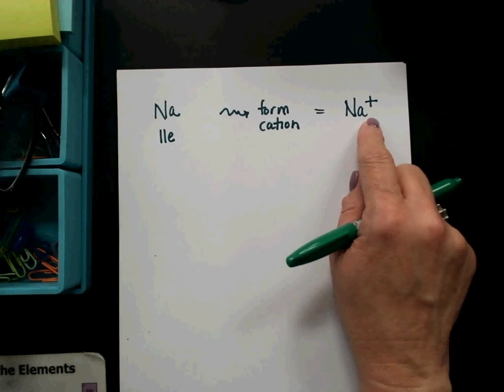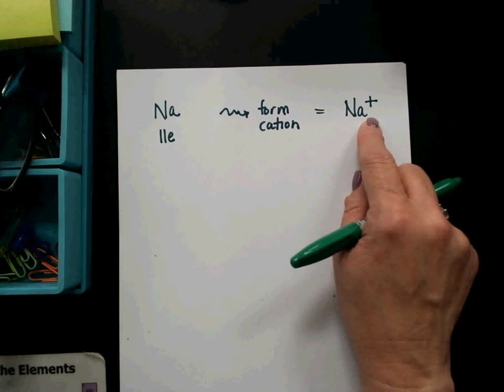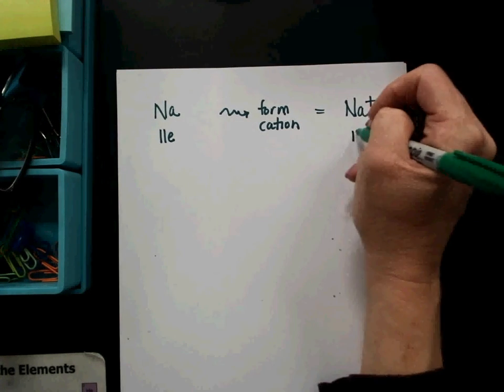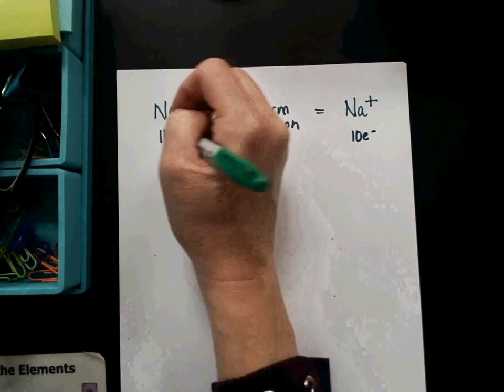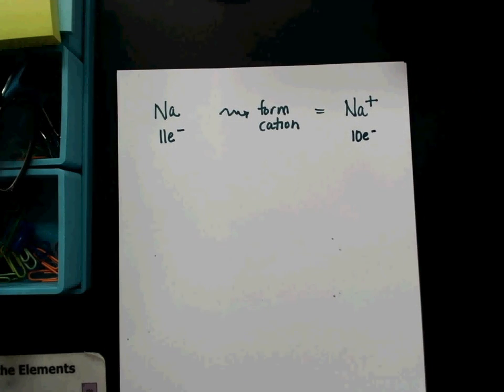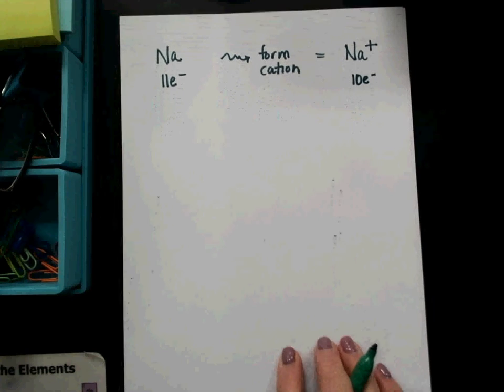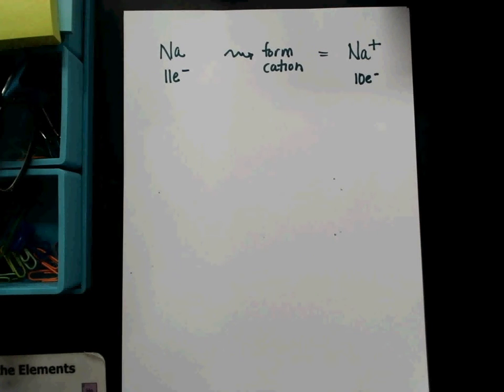Now, when I see that plus sign, what does that tell me? Did I lose or gain electrons? Good, I lost. Even with positive, I lost electrons. How many did I lose? 1. We don't want to write the 1 out in front. So here I only have 10 electrons. Now I want you to do noble gas configuration for both of them.